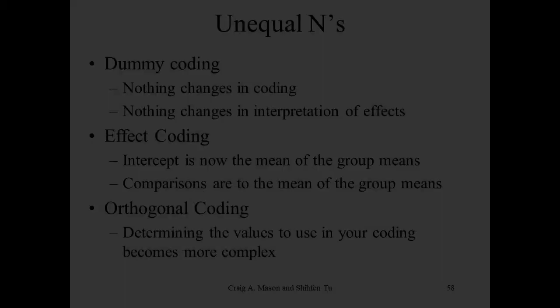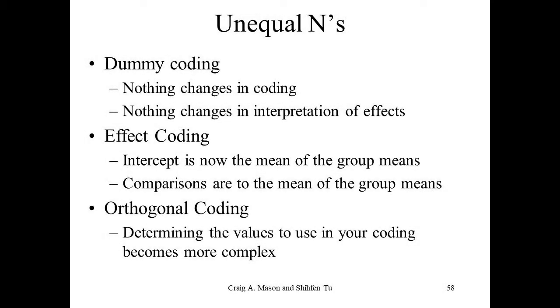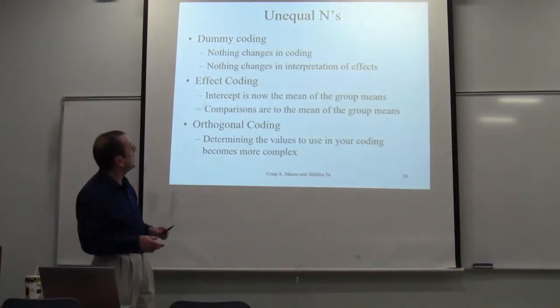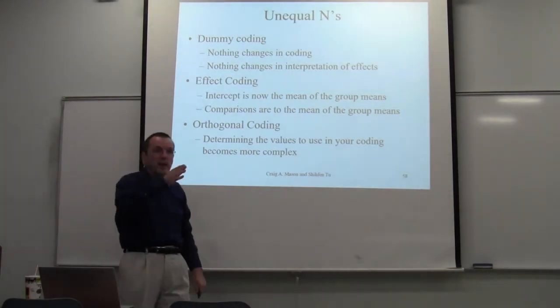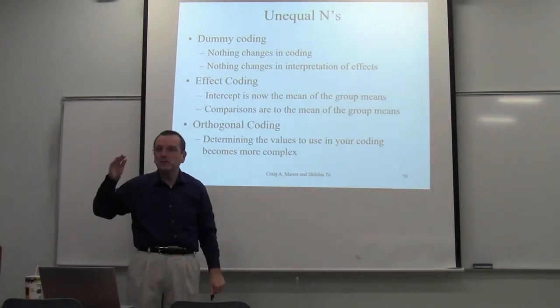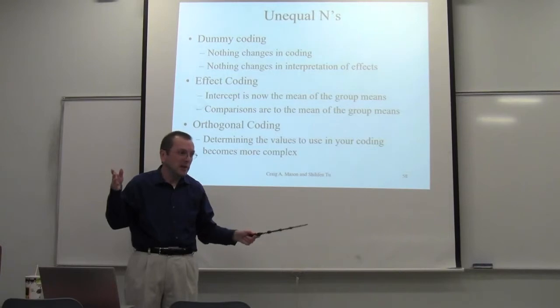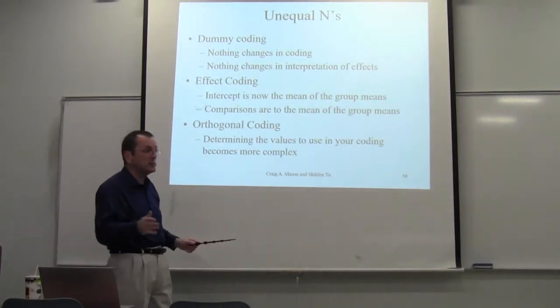Kind of related to all of this, as we're getting ready to wrap up that chapter, another thing we've touched on a little bit, but just to summarize it all in one place: unequal ends. If you have equal ends in every group, life is very simple. But if you don't, you just have to keep track of what's happening.